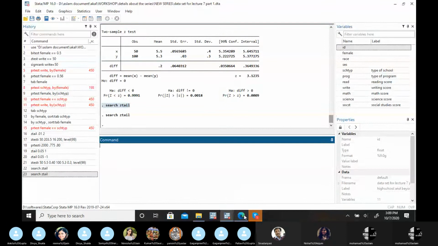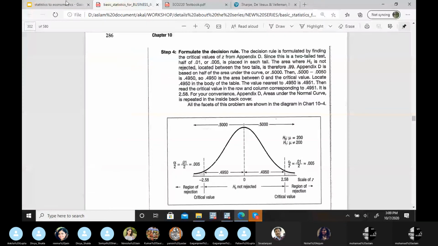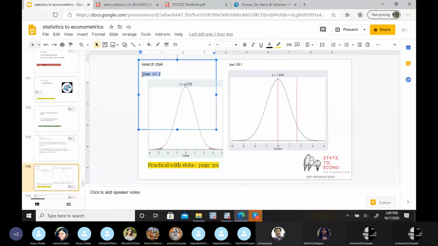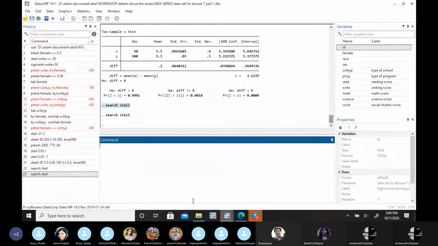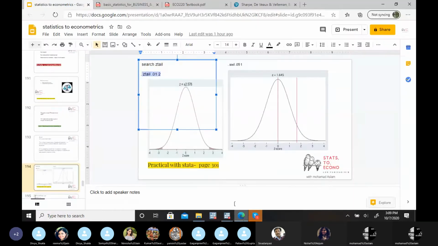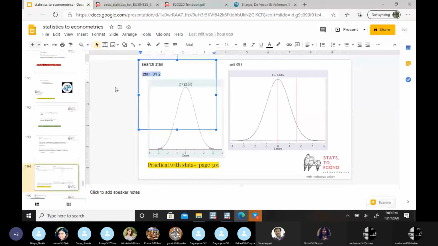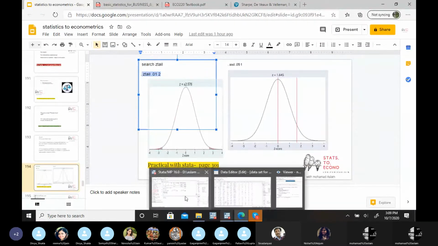So we need a critical value. To get a critical value, you have to type Z tail, then the level of significance. As per the situation, it is 1%, and it's two tail, so you have to type 2.